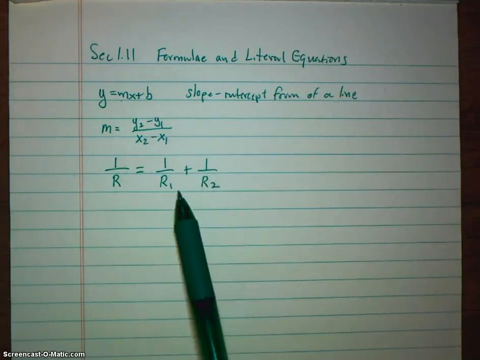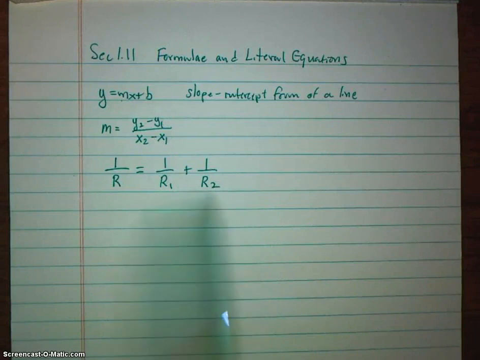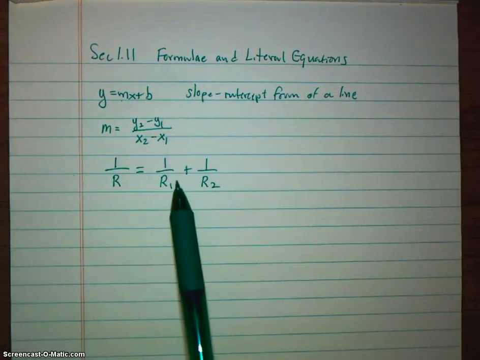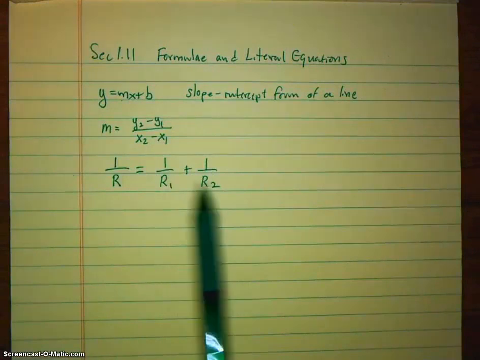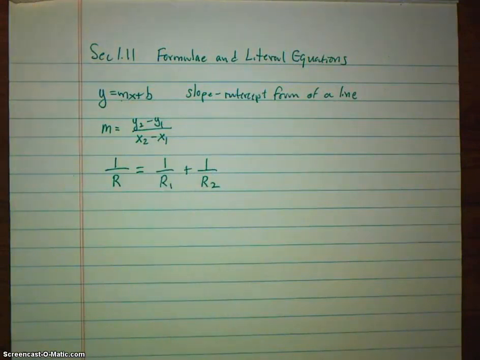So notice again, the subscript notation that we use is simply to indicate this is the first thing, this is the second thing, but they're kind of the same. These are both resistance. This is just resistance 1, resistance 2. So depending on what program you're in, you might take an electricity class, and when you do, I'm sure you'll see that formula.